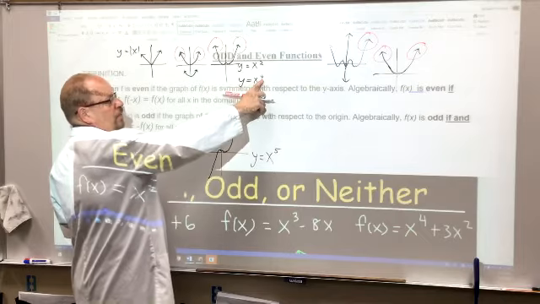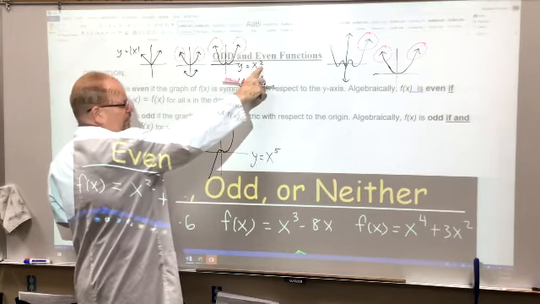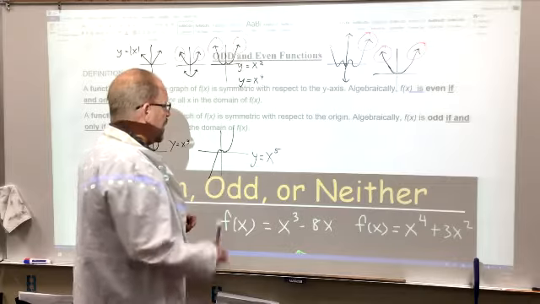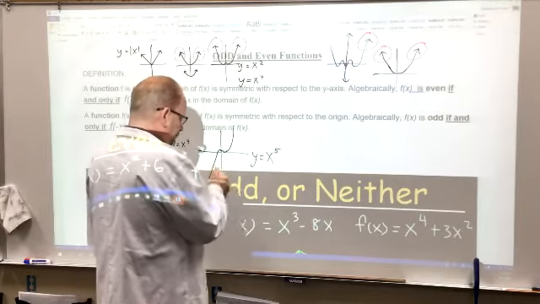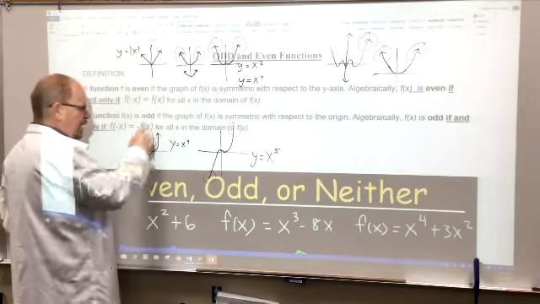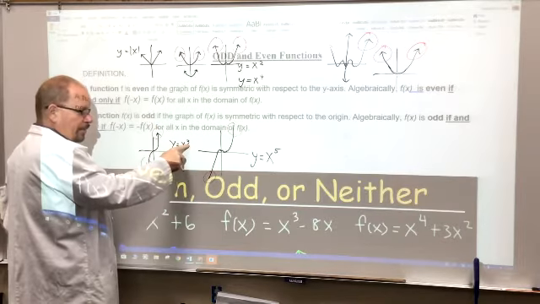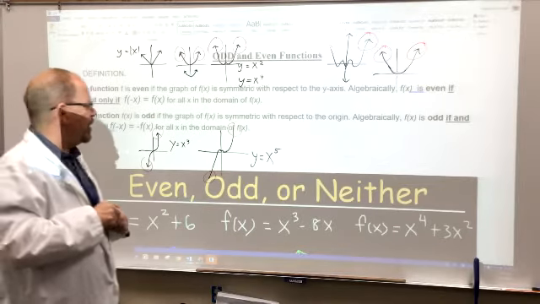Even function, fourth degree. Even function, second degree. Okay? Notice the end behavior of all these, the fifth, the seventh, is going to be like x to the third. So there are going to be questions about all of this on this assignment today.